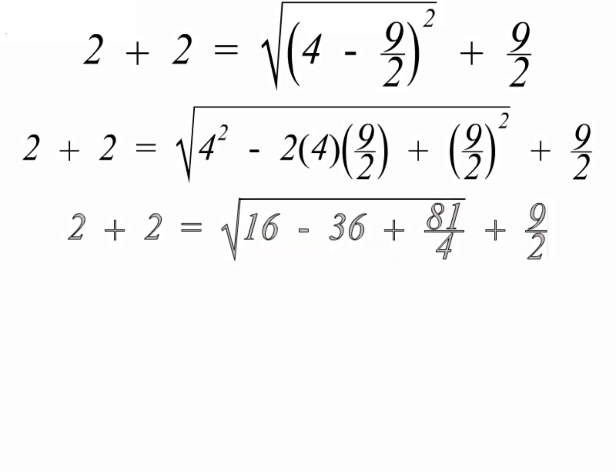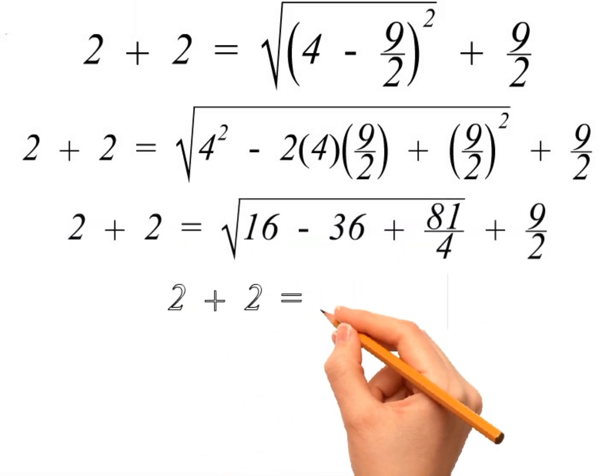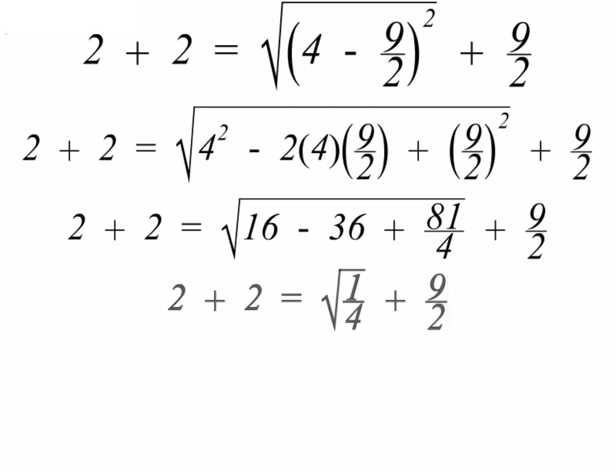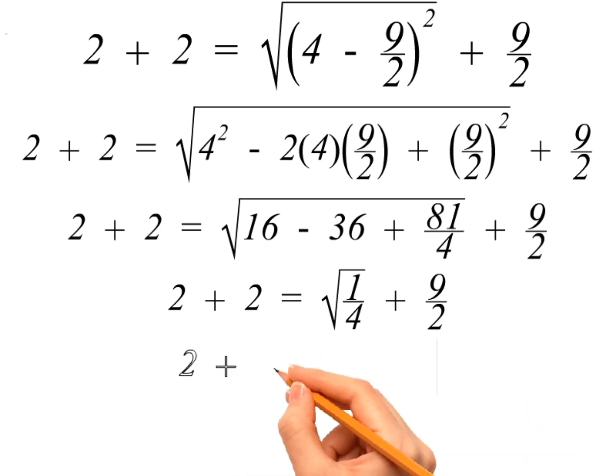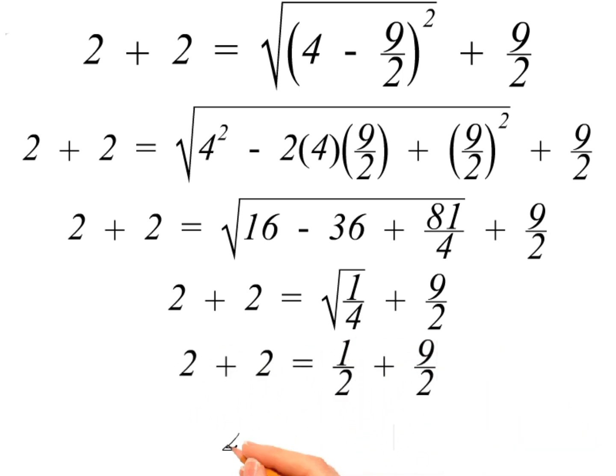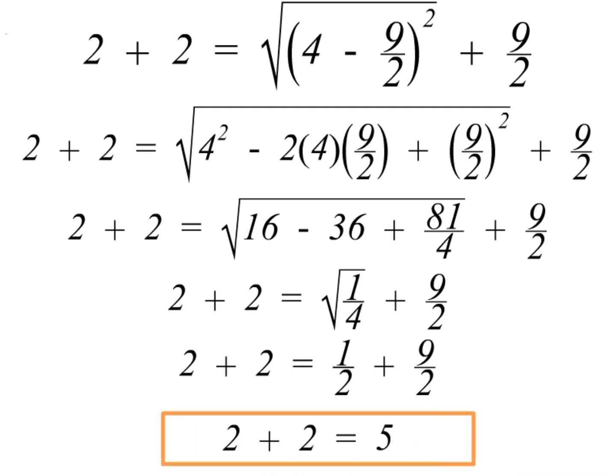Since 16 minus 36 plus 81 over 4 is equal to 1 over 4, 2 plus 2 equals root 1 over 4 plus 9 over 2. The square root of 1 over 4 is 1 over 2, so 2 plus 2 equals 1 over 2 plus 9 over 2, which is equal to 10 over 2, then 5. Finally, 2 plus 2 equals 5.